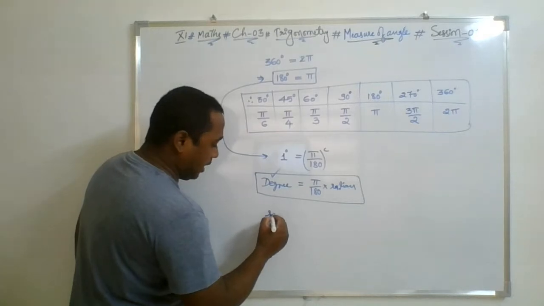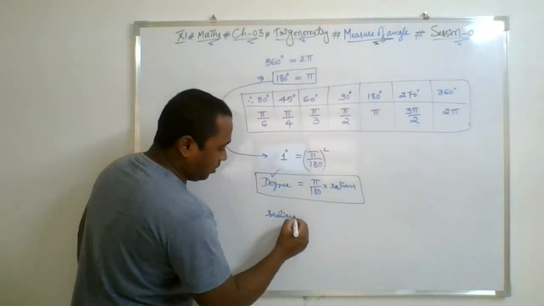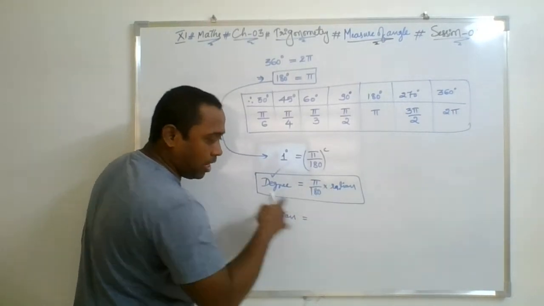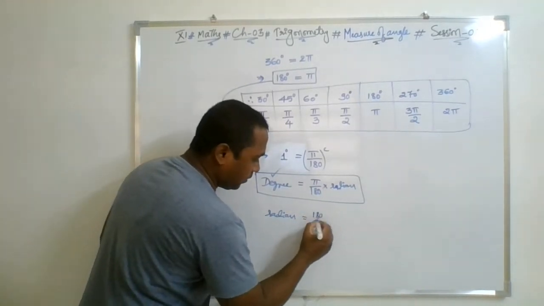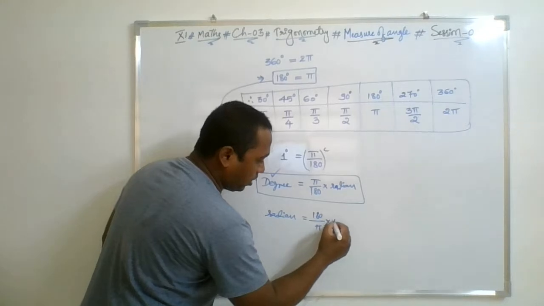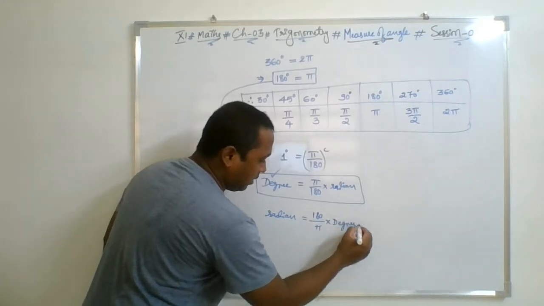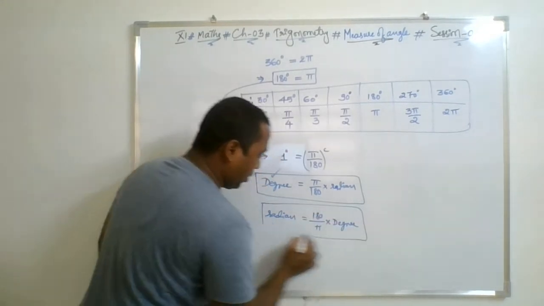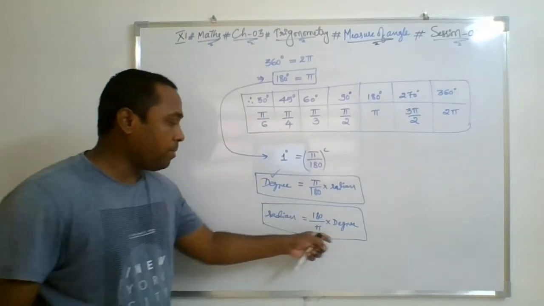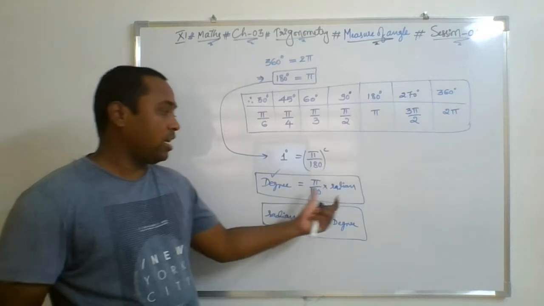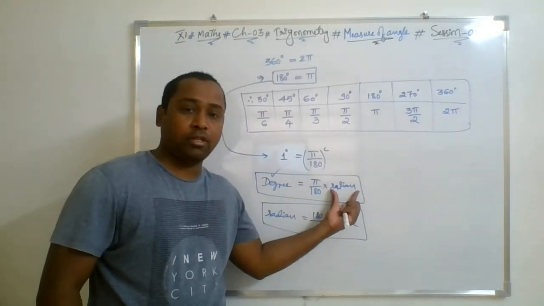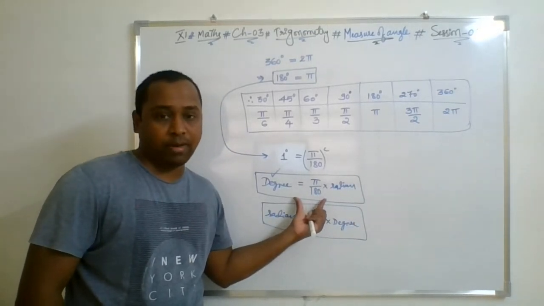Similarly, to get the radian measure, I have to take the reciprocal of this factor. Hence, I got the formula to convert into a radian measure. So radian measure is nothing but 180 by pi into degree measure, and to get degree measure, the given radian measure has to be multiplied by pi by 180.